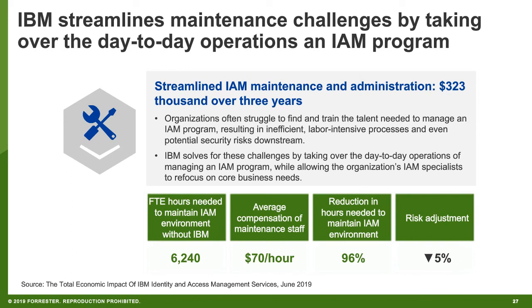So to calculate this benefit, we take the dollar value of FTE labor needed to maintain the legacy IAM environment internally, and then take 96% of that, which is the percentage reduction in maintenance and administration that this organization achieved through identity as a service with IBM IAM Services.